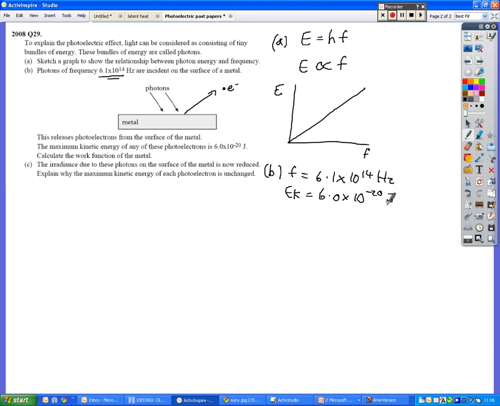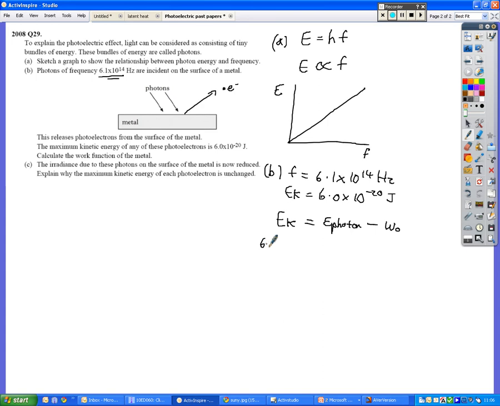That's enough for you to calculate the work function, because the kinetic energy this electron will have as it is ejected from the surface is going to be equal to the energy the photon has in the first place, which is directly proportional to its frequency, minus the work function. So whatever energy it gives up to the material to eject it.